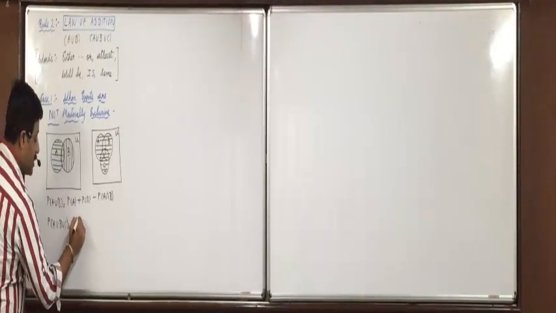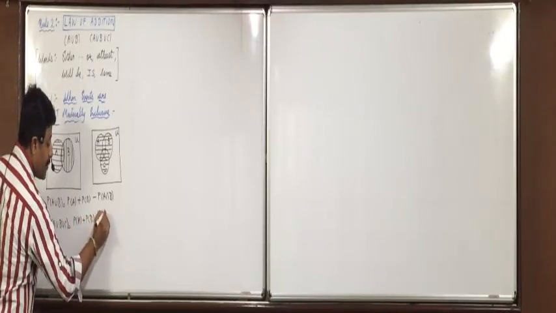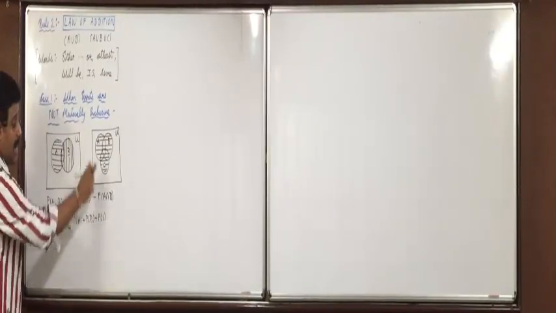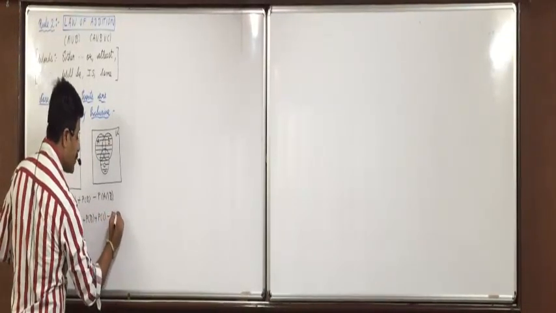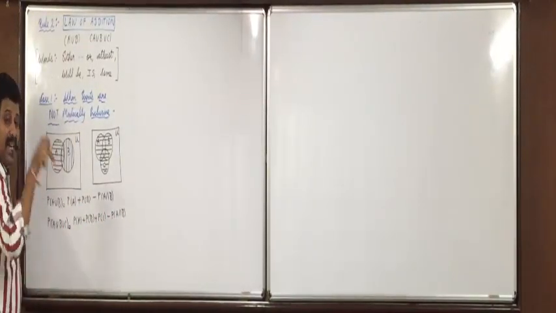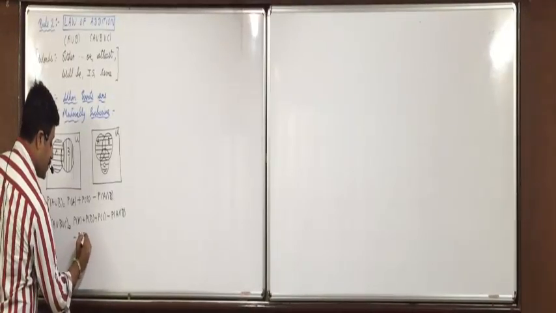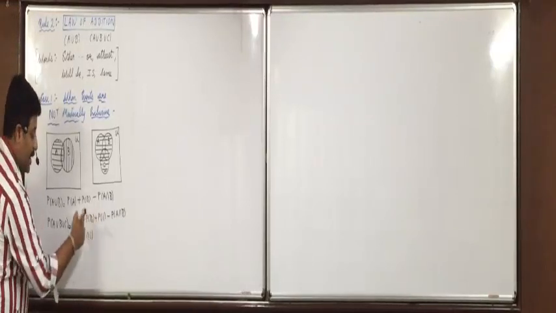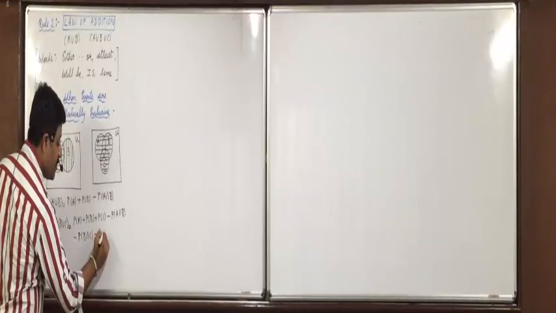So I do P(A) plus P(B) plus P(C). Now what happens? Same concept. When I add P(A) and P(B), then A intersection B gets included 2 times, excluded once. When I add P(B) and P(C), then B intersection C also gets included 2 times, excluded once. When I add P(A) and P(C), then A intersection C also gets included 2 times, so excluded once.